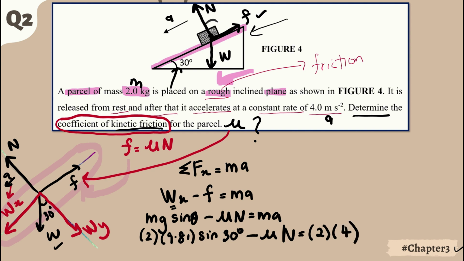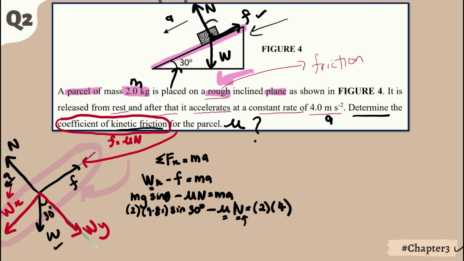Since in this equation we have two unknown quantities, we are going to find N first from the y-axis. We now solve the y-axis, so summation of Fy is equal to 0. There is no motion in the y-axis. In the y-axis we have N and also Wy.